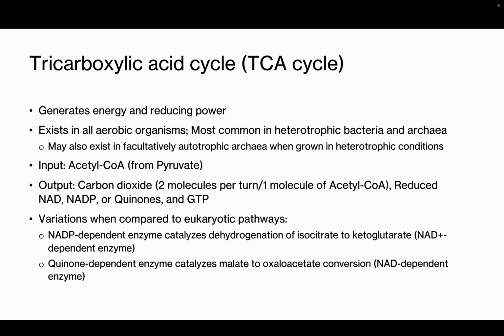There are variations of the TCA cycle in prokaryotic microbes when compared to eukaryotic pathways. First, an NADP-dependent enzyme catalyzes the dehydrogenation of isocitrate to ketoglutarate, while in eukaryotic pathways, it's different. There's an NAD-dependent enzyme that does that step.